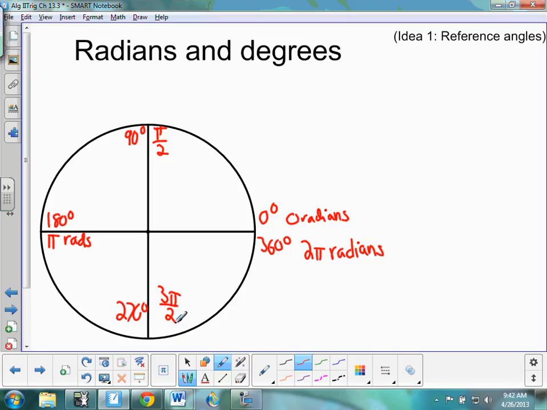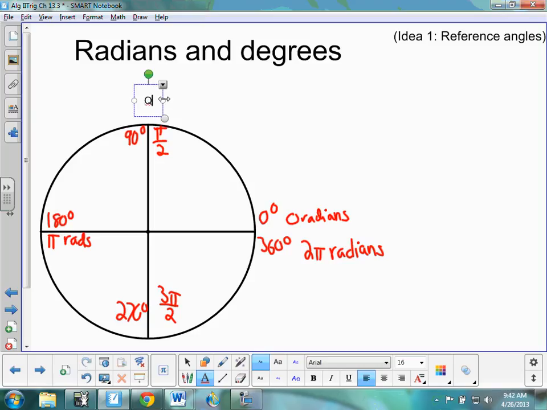Here's how I do it. If that's 1 pi over 2, then that's 2 pi's over 2's, and that's 3 pi's over 2's. You're just counting pi's over 2's from 90 degrees. Those are called quadrantal angles. All the right angles are called quadrantal. They're right angles on the circle.